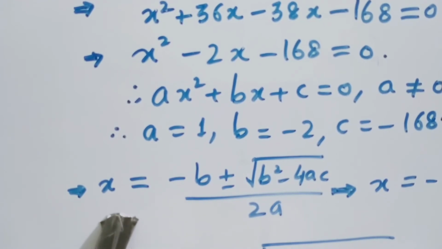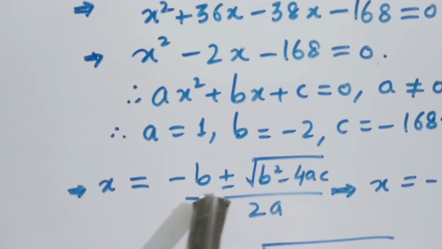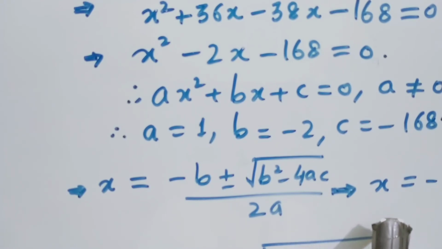we know that the quadratic formula is x equal to minus b plus minus under root b square minus 4ac, divided by 2a. So we are plugging in the values.